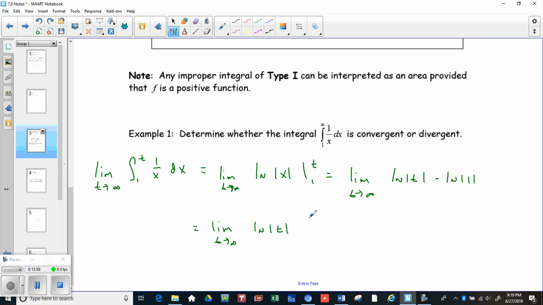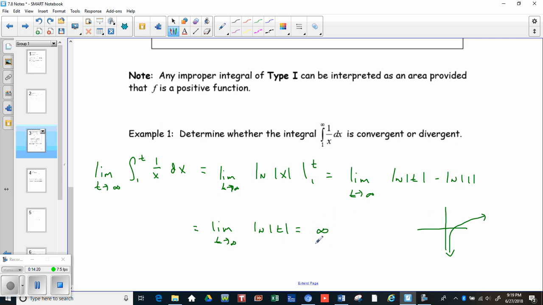Hopefully you guys remember what the natural log function looks like. The natural log function looks something like this. And while it does not go off to infinity very quickly, as x approaches infinity this way, this function still does keep growing. So as t approaches infinity, the natural log of t is going to go to positive infinity.